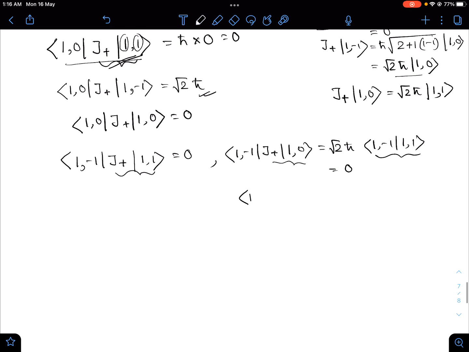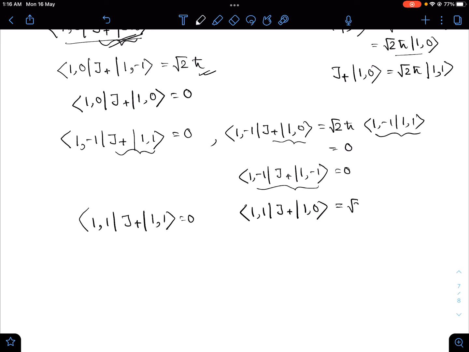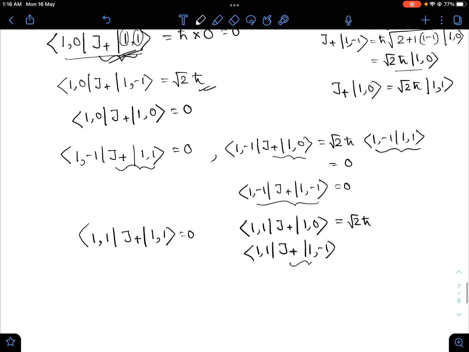And we have one term which is <1 -1| J plus |1 -1>, which will also be 0, because m and m dashed are the same. And similarly for the last expression, <1 1| J plus |1 1> must be 0. <1 1| J plus |1 0> gives us root 2 ħ, and <1 1| J plus |1 -1> brings it back to state |1 0>, which is orthonormal to this, so this will also be 0.